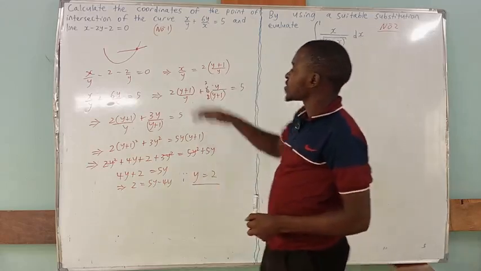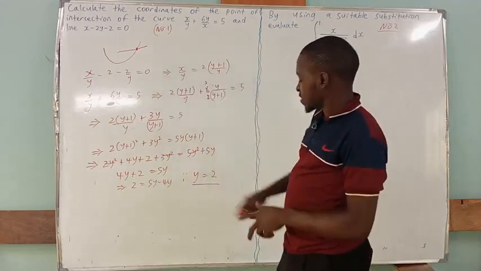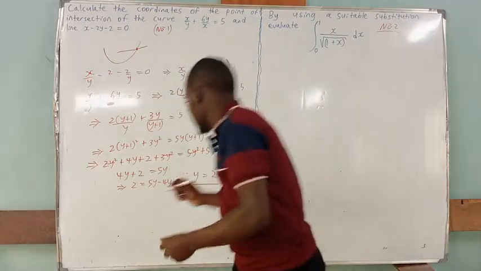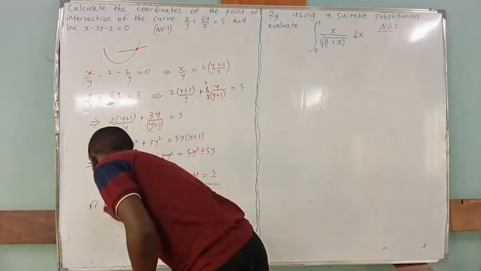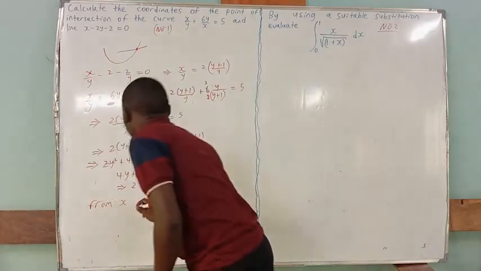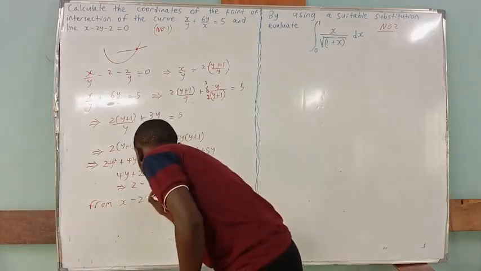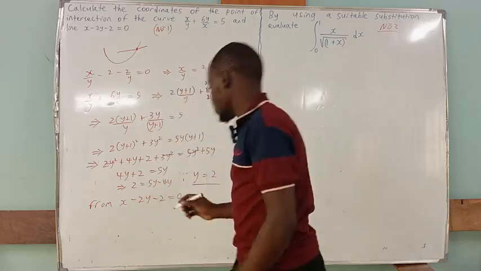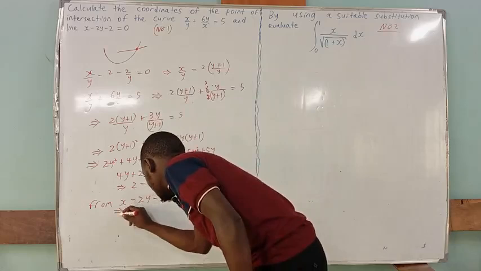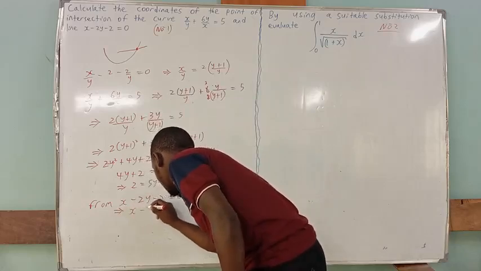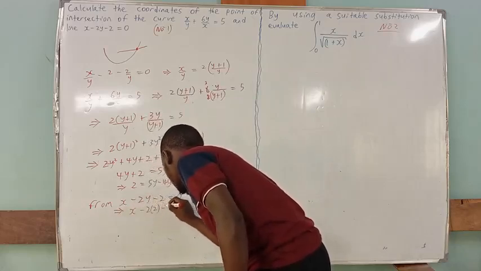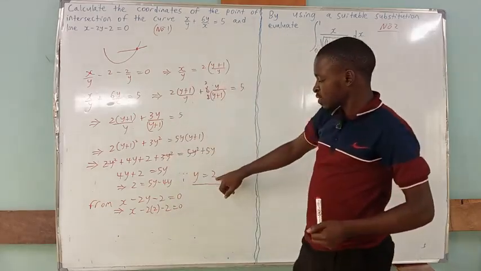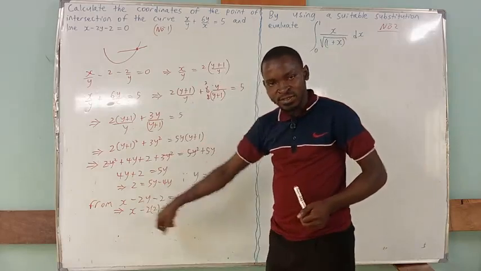Now we are getting the value of x. We are going to substitute our y here. So from x minus 2y minus 2 is equal to 0, it implies x minus 2 into 2 minus 2 equals 0. We have substituted this value of 2 here to get the value of x.